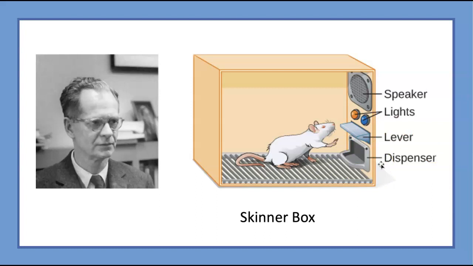Basically, it would release food when the animal responded in certain ways, for example, pushing a lever or pushing a button. In some scenarios, they would have either a loud sound or lights that would bother the animal, and they would have to behave in a way that would get those things removed.